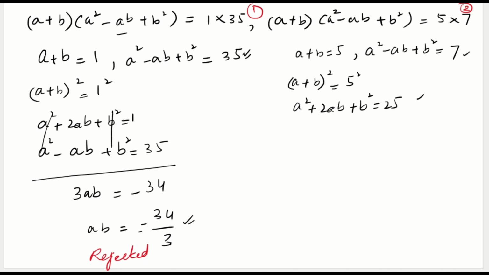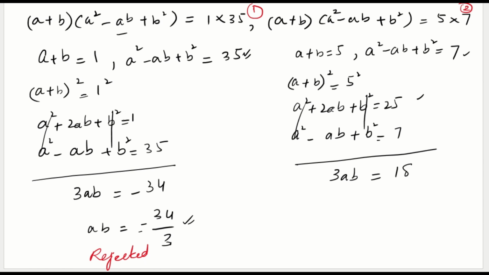By subtracting these two expressions, a square cancels out with a square and b square with b square, and we get 3ab is equal to 25 minus 7, which gives us 18. So ab is equal to 18 over 3, and we get ab is equal to 6. So we are going to consider this value: ab is equal to 6 and a plus b is equal to 5.